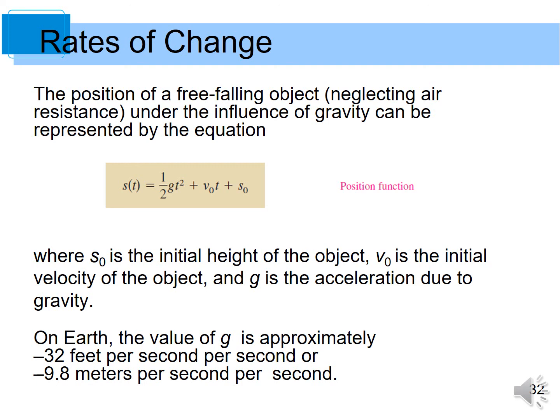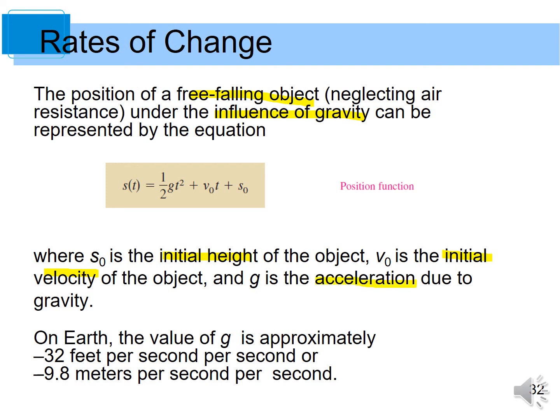The position of a free-falling object, neglecting air resistance, under the influence of gravity can be represented by the equation, where s0 is the initial height of the object, v0 is the initial velocity, and g is the acceleration due to gravity.